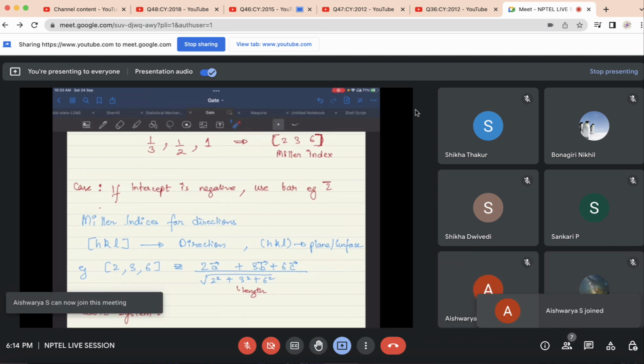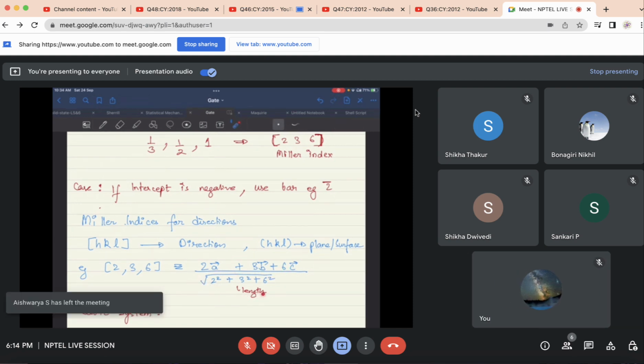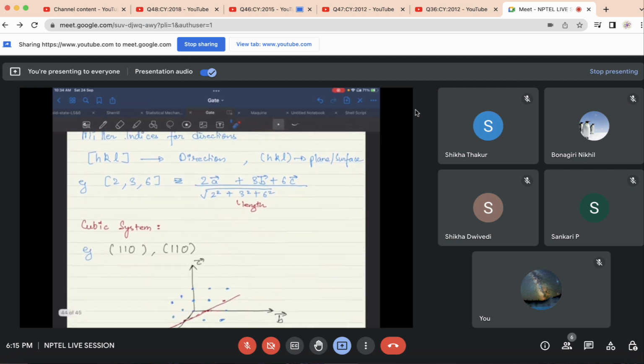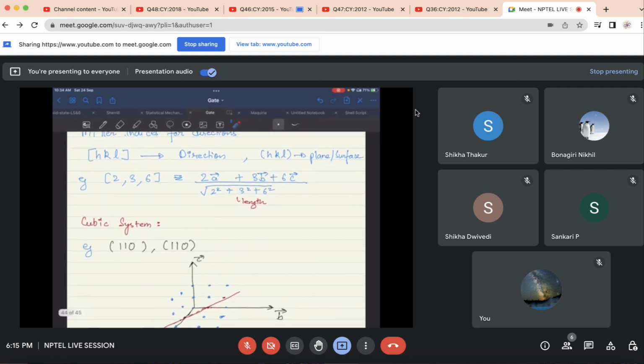Then in square brackets for 2, 3, 6, this is the actual direction, that is the 2a vector plus 3b vector plus 6c vector, divided by the length of the given plane or vector. So it will be the square root of 2 squared plus 3 squared plus 6 squared.